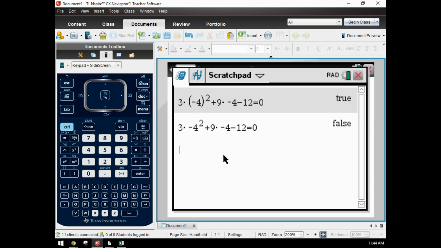And when you're checking two answers, you don't have to type this whole thing again. Go up and highlight it and hit enter, and then just go back and replace whatever you need to replace. Save yourself time. So now I want to put in a 1. I'm still going to put it in parentheses just to make sure.